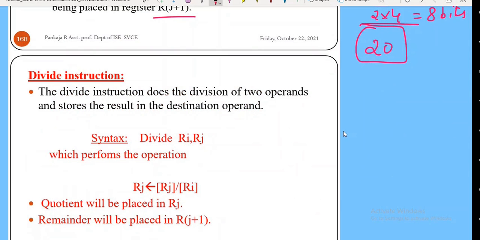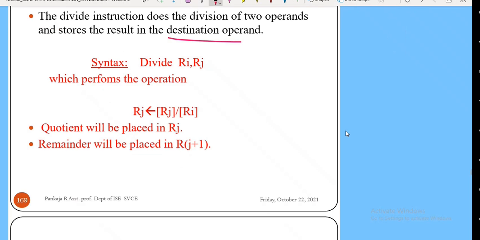The divide instruction does division of two operands and stores the result in the destination operand. Here what it stores in the destination operand is the quotient. When you do division, normally we need the quotient and also the remainder. So the remainder will be stored in Rj plus 1, and the quotient is stored in Rj.